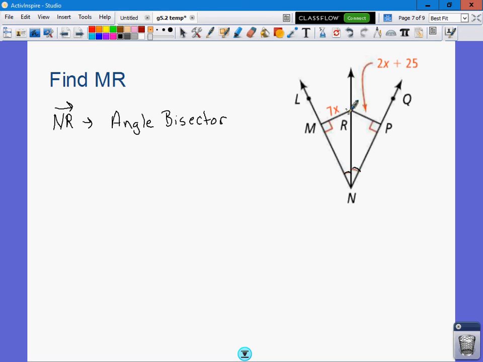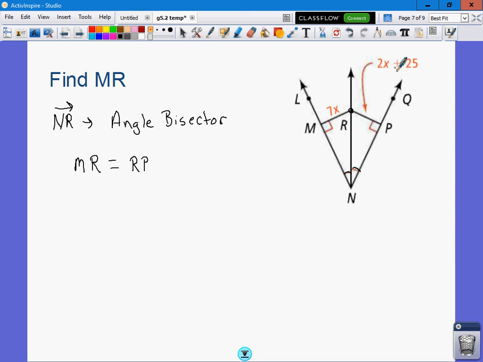Which means any point on the angle bisector, point R, has to be the same distance from the sides of the angle. So what can you tell me about MR and RP? They're congruent, or their measurements are equal.